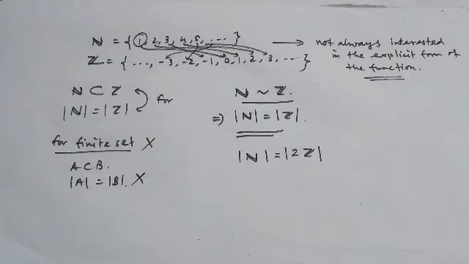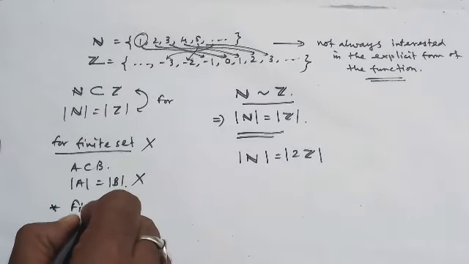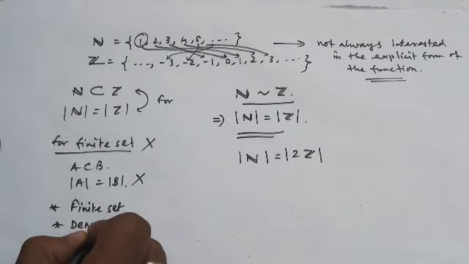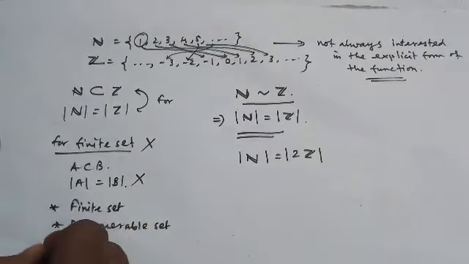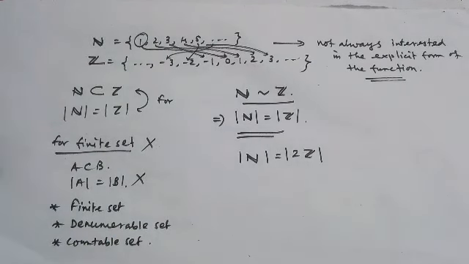So with this understanding, we are now in a position to start with some basic definitions like finite set, then denumerable set, after that countable set, and many more things are yet to come. Say, finite set.